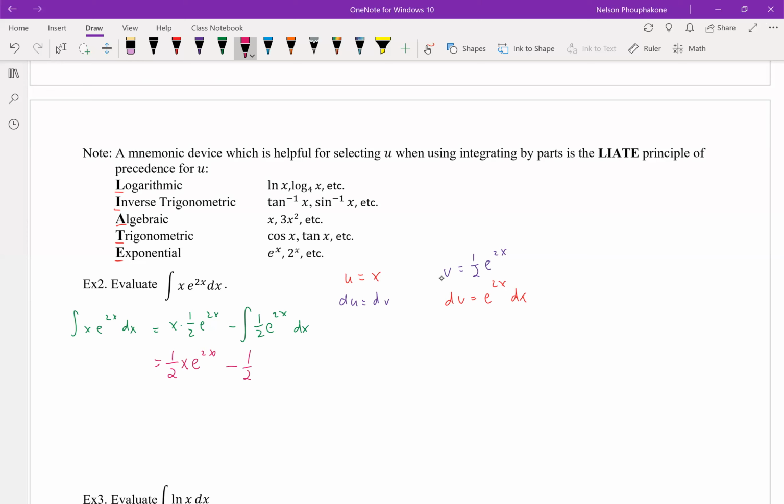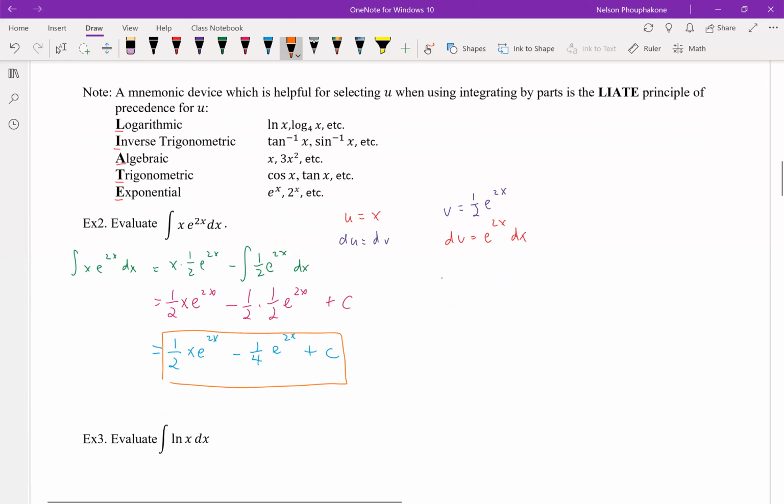Again, you will see that the integral of e to the 2x is 1/2 e to the 2x plus c. Then, of course, right now, I will be able to simplify. Now, of course, you could take the derivative and see if you get back to the integrand.